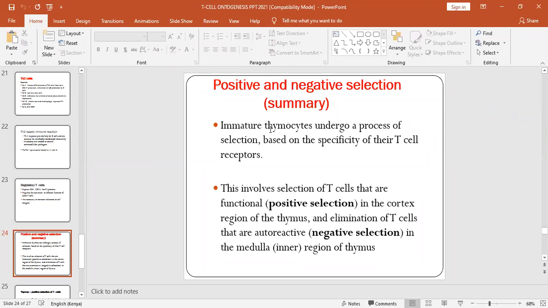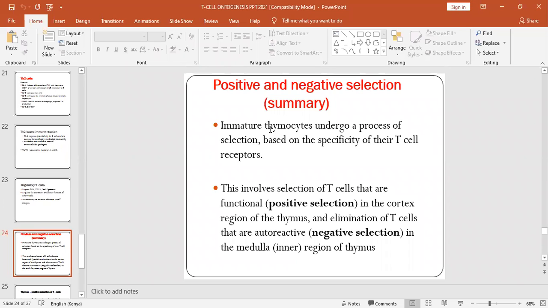So if these single positive cells are found to be autoreactive or binding strongly with the self-antigens, they are eliminated. But in the double positive stage in the cortex, the cells that are binding strongly are selected. In this case, it's the reverse.